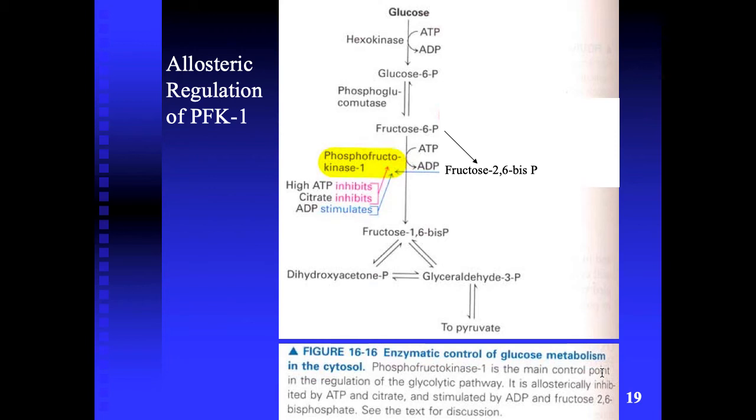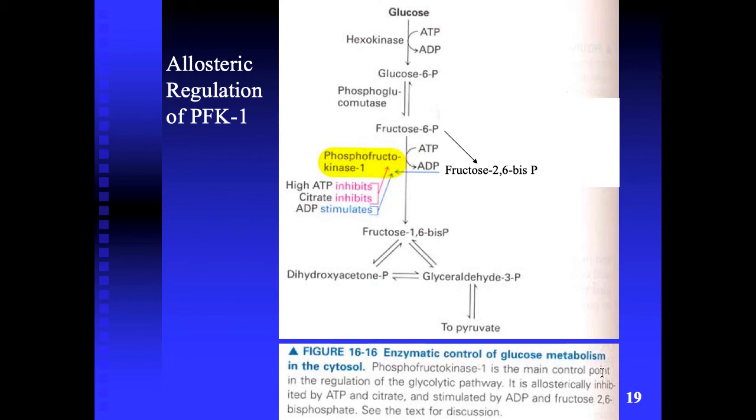And the next one is a little bit different. Fructose 2,6-bisphosphate is probably the most potent effector of PFK1, and it stimulates activity of PFK1. And if you look at that reaction, where does fructose 2,6-bisphosphate come from? Fructose 6-phosphate. We call this enzyme PFK1 because we're phosphorylating carbon 1.